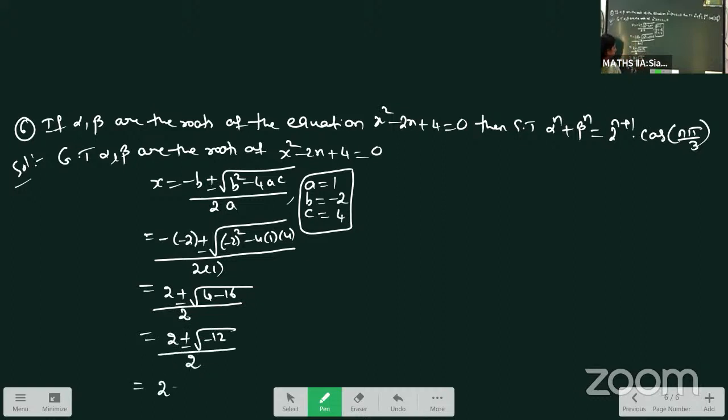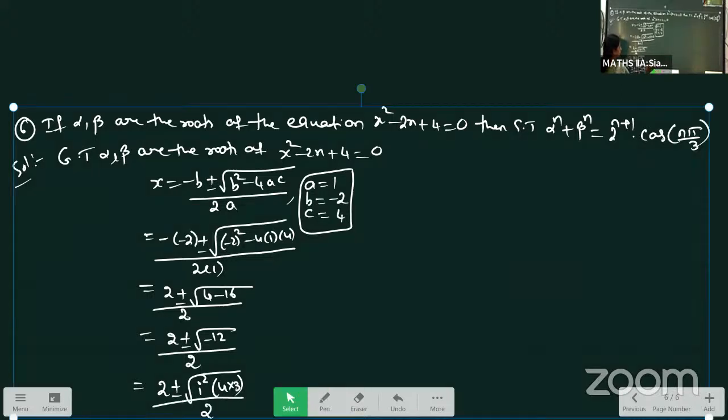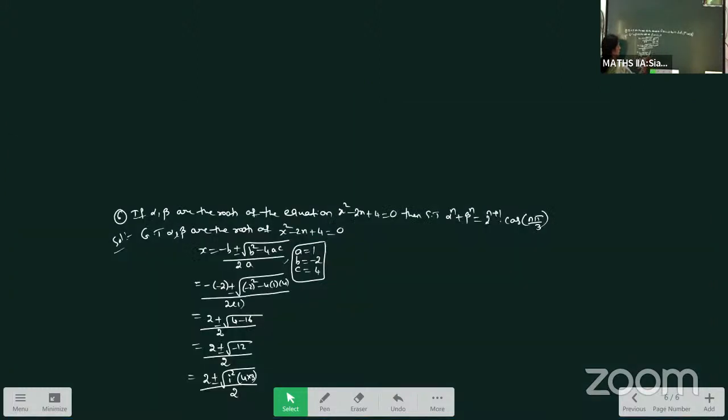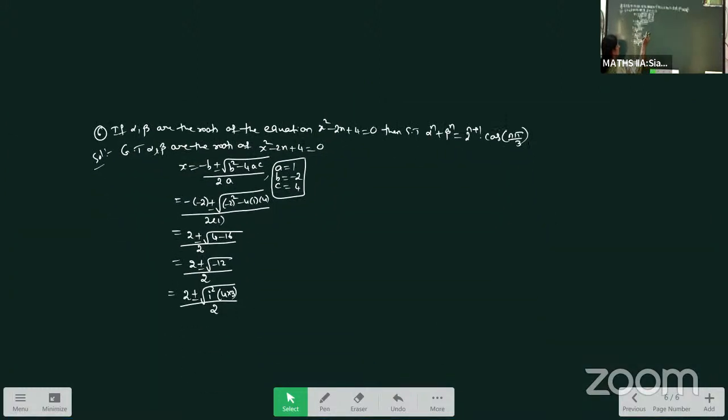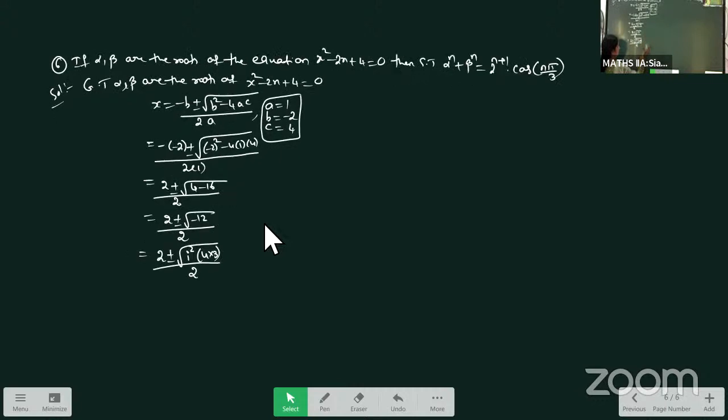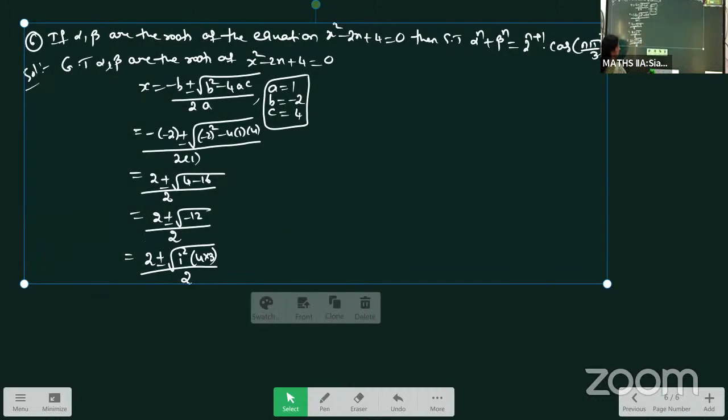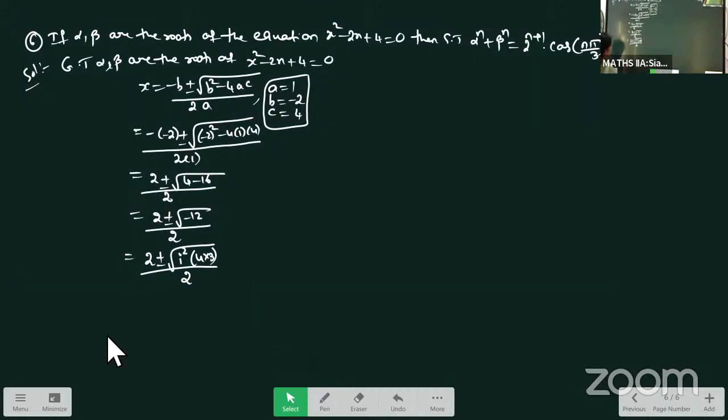So 2 plus or minus under root of minus is i square and 12 is 4 into 3, divided by 2. Now see, 2 plus or minus, under root of i square is i, under root of 4 is 2, root 3 by 2.